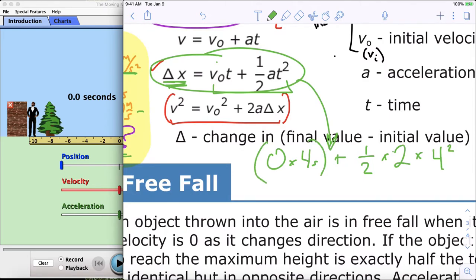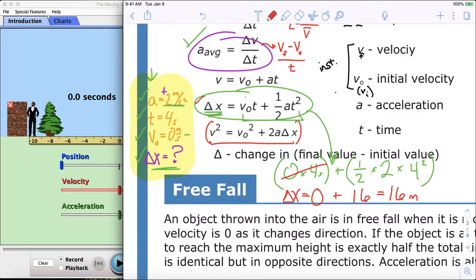And so this plus this, we've got to remember order of operations. Well, 0 times anything is just 0. 1/2 times 2 is 1, times 4 squared is 16. So how far did I go? I went 16 meters. It works the same.